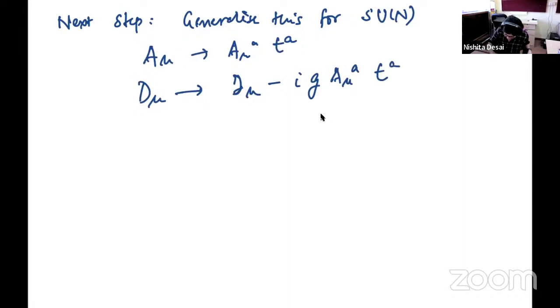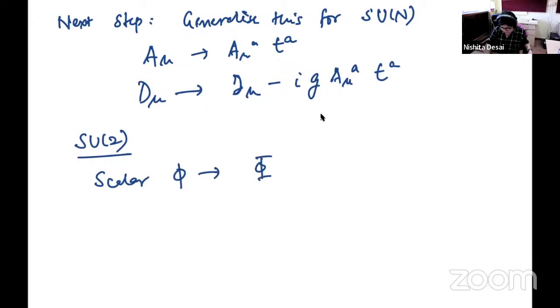So let's do this explicitly for SU(2). Okay. So if you want to charge a scalar under SU(2), your scalar, which was just phi, is now a two-component scalar. Okay, so it would have been phi u, phi d in our previous notation, up and down.